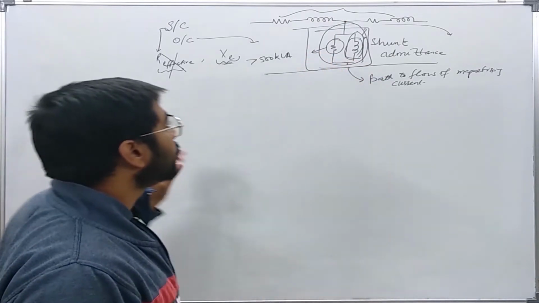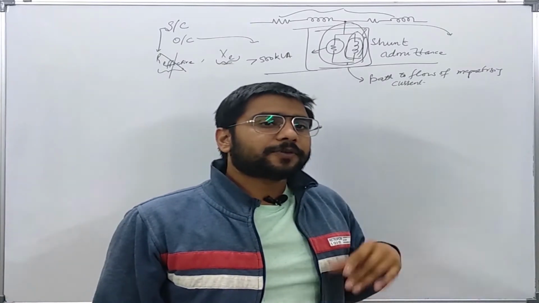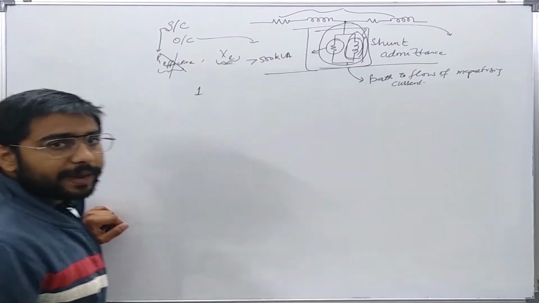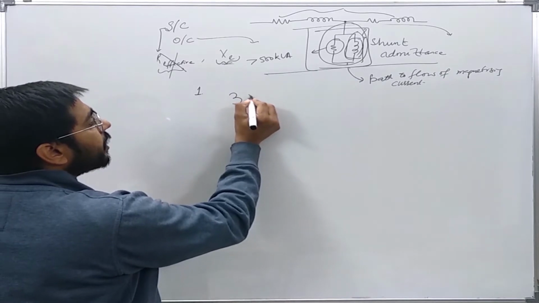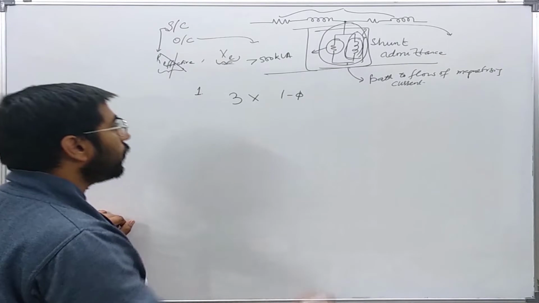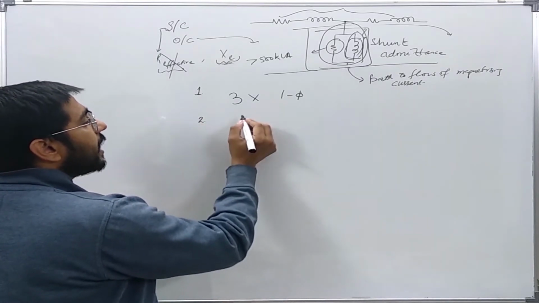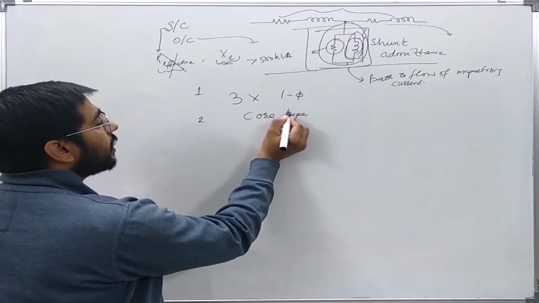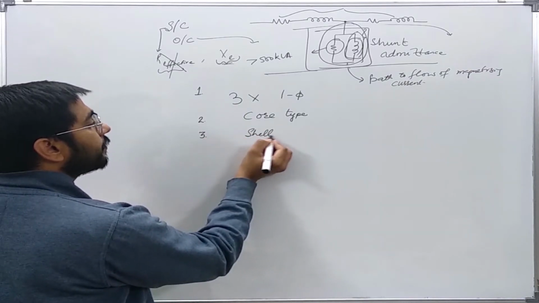Now, in a three-phase transformer, there can be three types of connection. I can make a three-phase transformer by connecting three single-phase transformers, or I can have a three-phase transformer by core type construction, and I can also have a shell type construction.